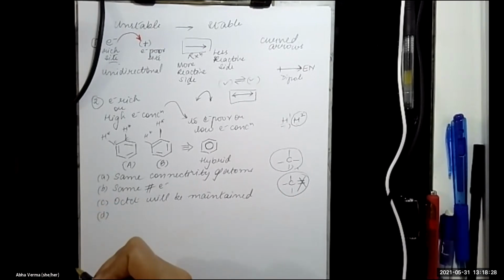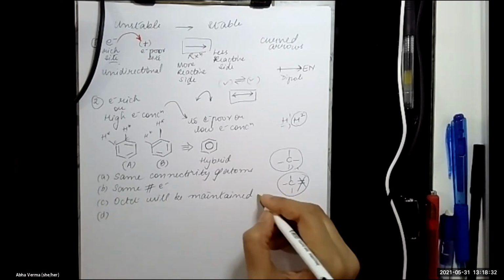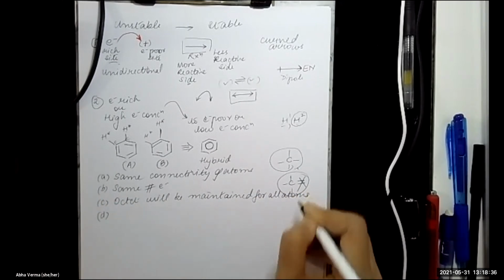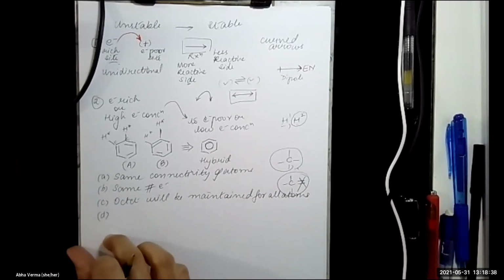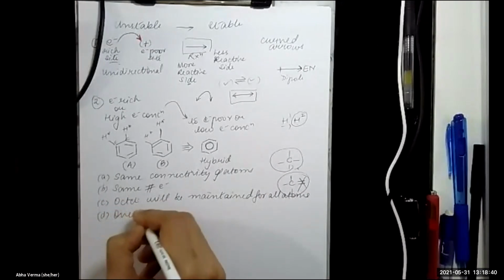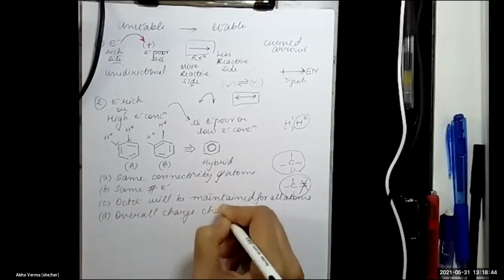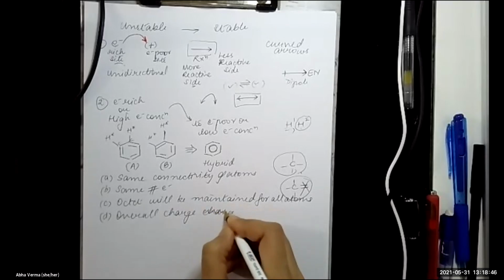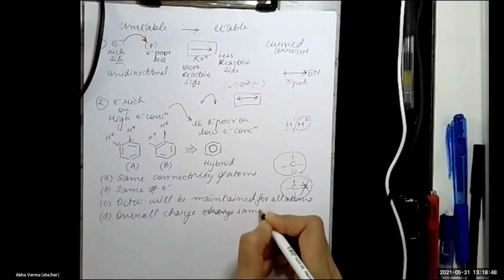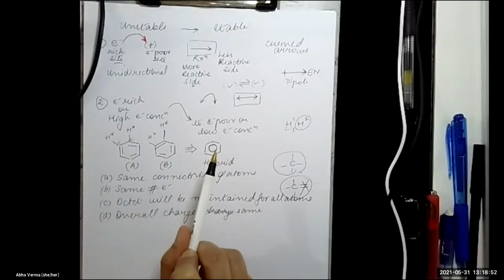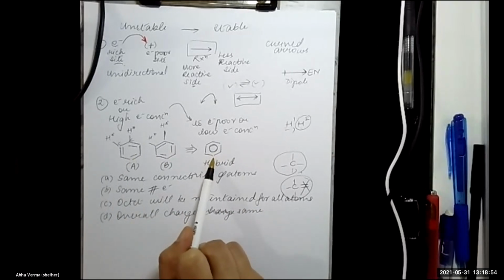So within the resonance structures, your octet has to be maintained for all the atoms, not just carbon. And then the overall charge has to be the same. So this has overall 0 charge, this has overall 0 charge. This will also overall have a 0 charge.